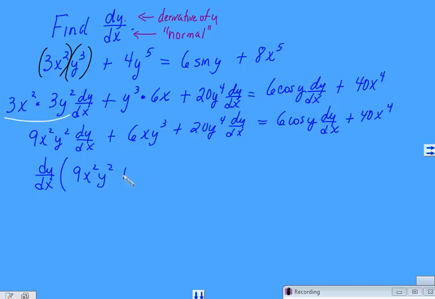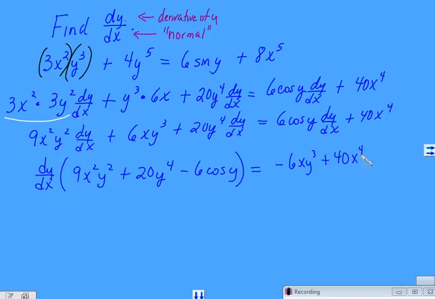So I'd have 9x squared y squared plus 20y to the fourth minus 6 cosine y. I'm bringing the 6 cosine over from the other side. On the right-hand side, I would have had to bring over the 6xy cubed, so it's now negative, and add the 40x to the fourth.